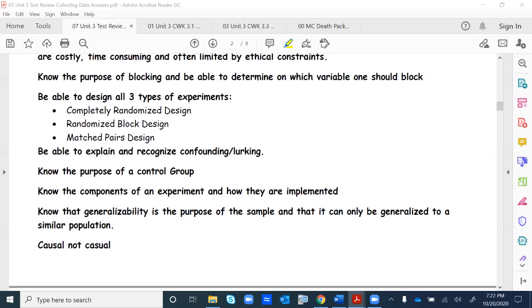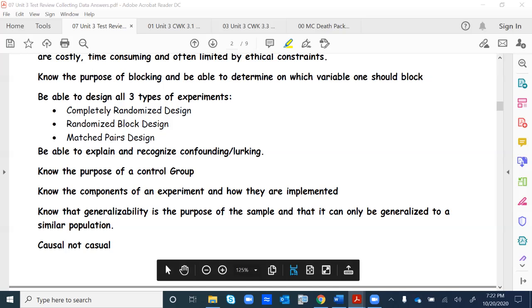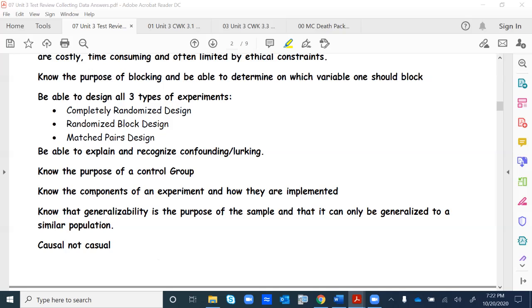Know the components of an experiment. Know that this is going to be huge. Know that generalizing, I can't even say the word, so I'm going to let y'all read it, is the purpose of the sample, and that can only be generalized to a similar population. So when you want to generalize, if your sample only has males in it, I can only generalize to males.